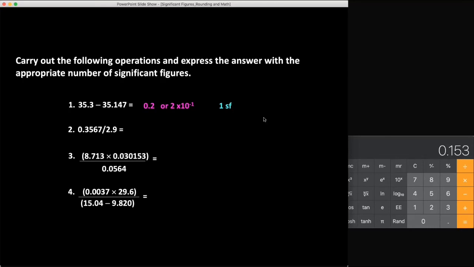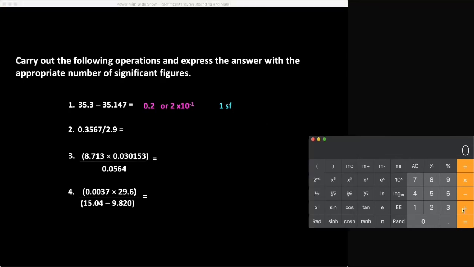For number 2, 0.3567 divided by 2.9, you get 0.123.